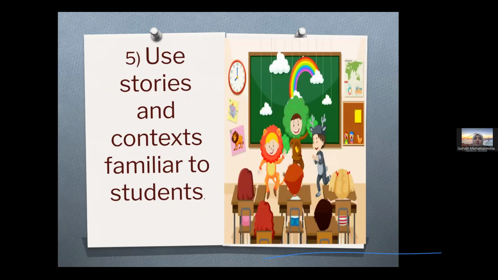Okay, next one is use stories and contexts familiar to students. Stories are the main part of teaching young learners, of course, because students love being in what we call the imaginative world, right?